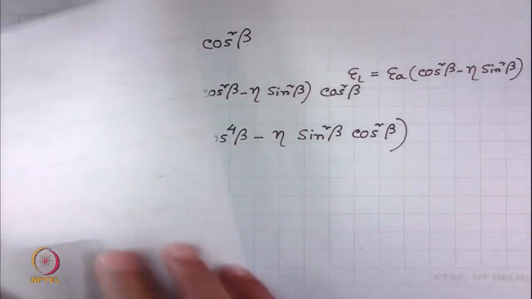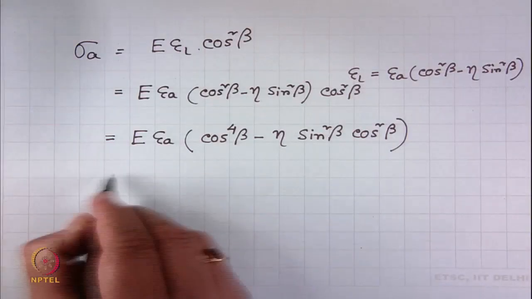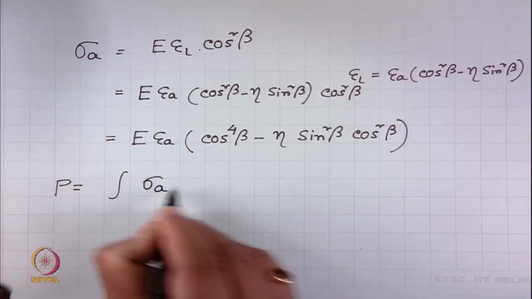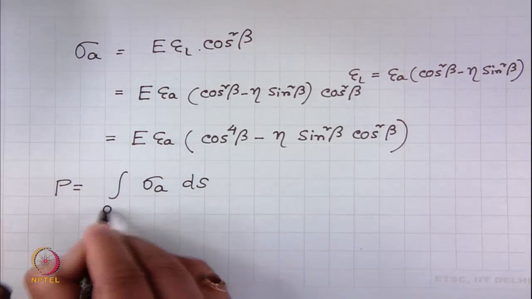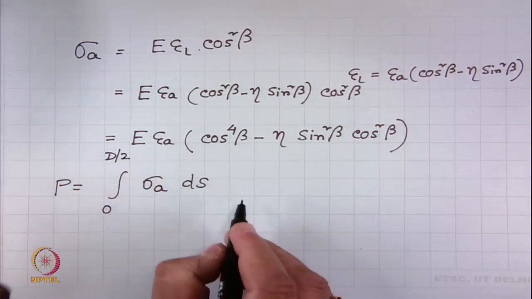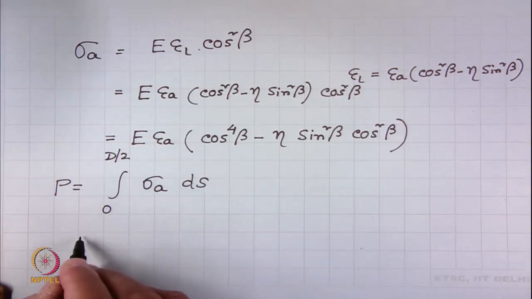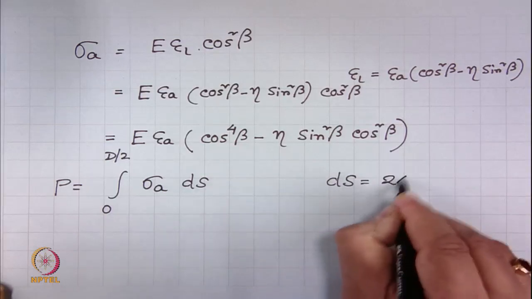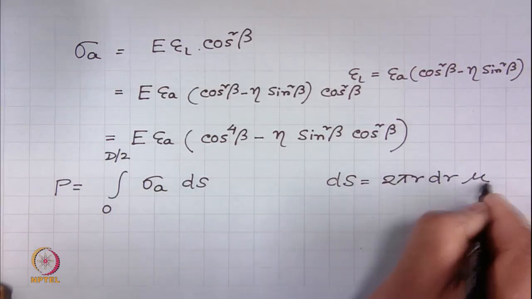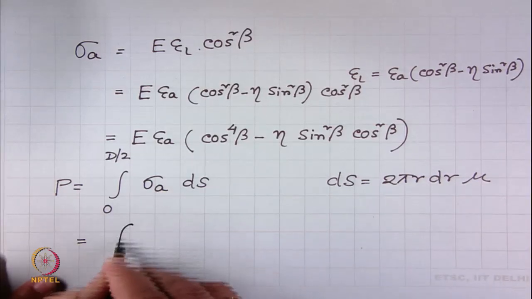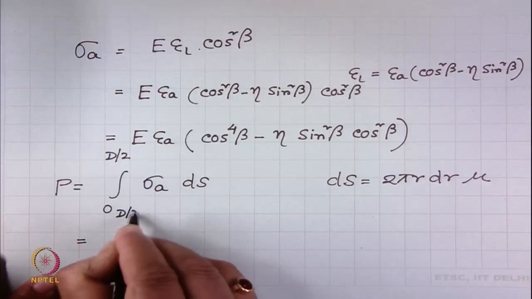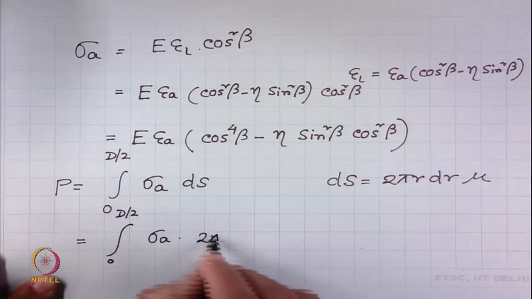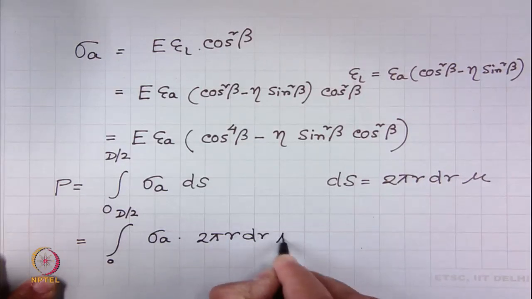So, now if we write this expression, P is the integral from 0 to d by 2 of sigma A dS, where dS is equal to 2 pi r dr into mu.